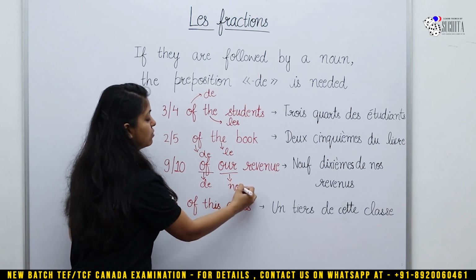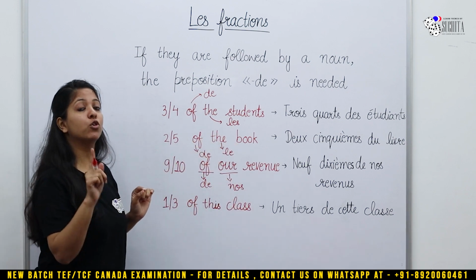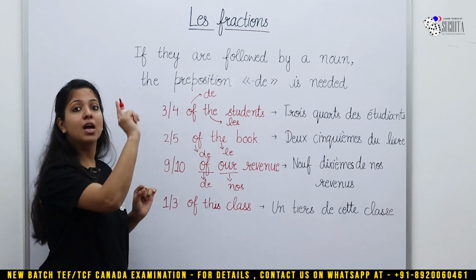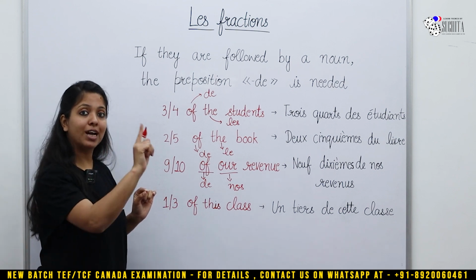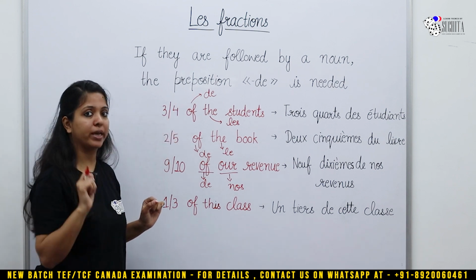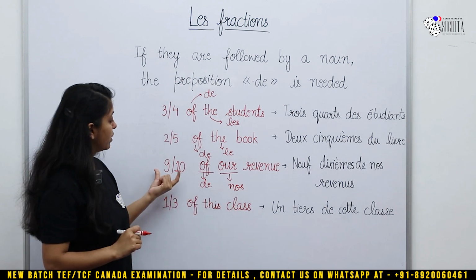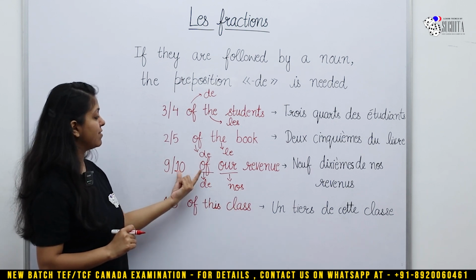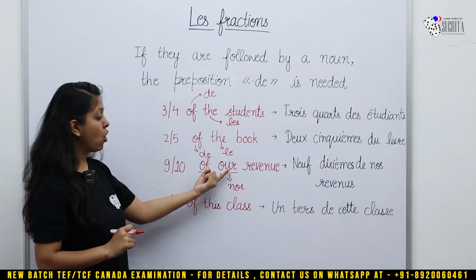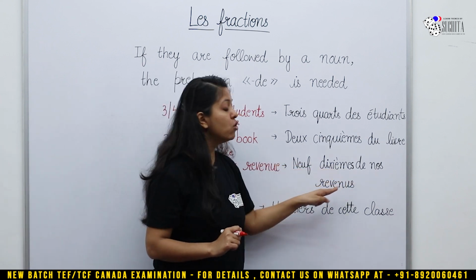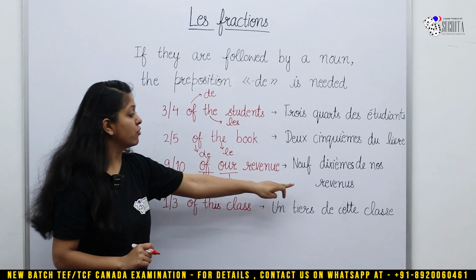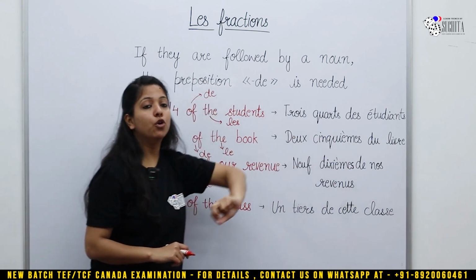So our is notre, nos. If you do not know what possessive adjectives are, I'm dropping the link in the card above for that video. You can watch that video and then come back here again. So that's actually a possessive adjective. So 9/10 of our revenue, nos revenus, because revenues is plural, so it has to be nos.